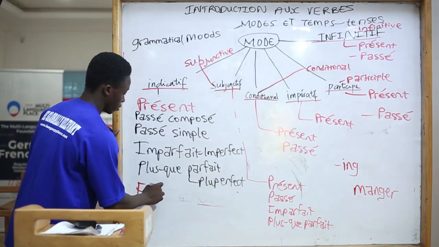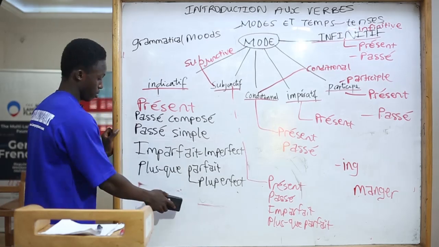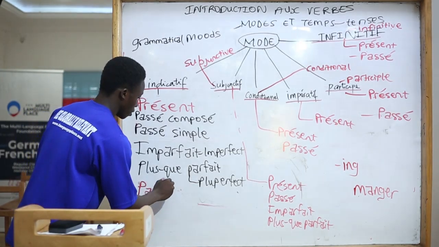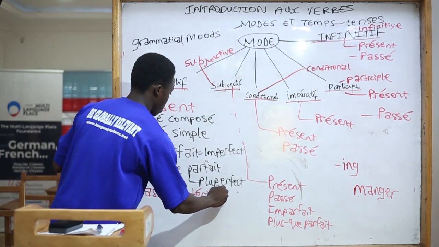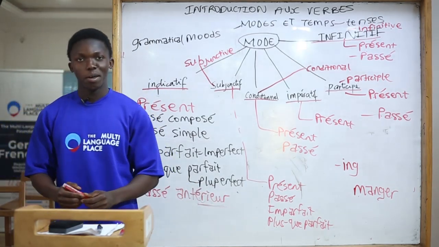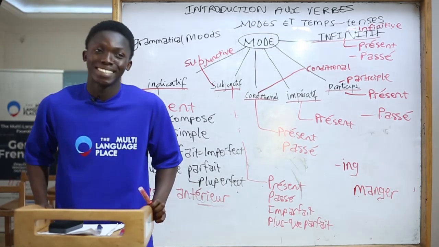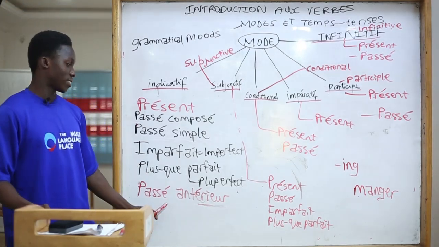The next tense we'll look at under indicative is futur simple. Or even before that, let's look at one more. Passé antérieur. Passé antérieur is also a tense that denotes past. Fortunately, passé antérieur denotes past.